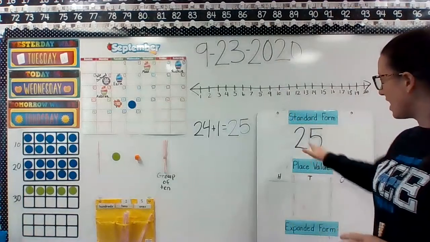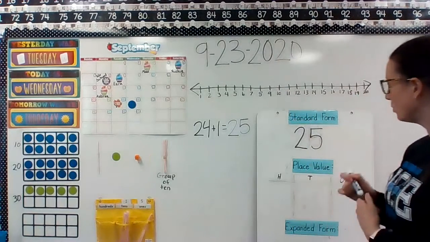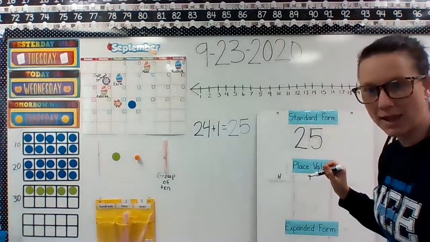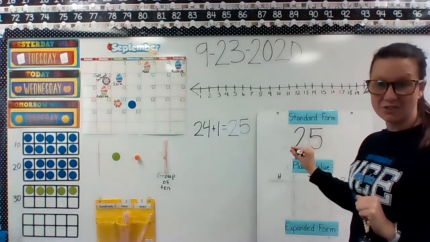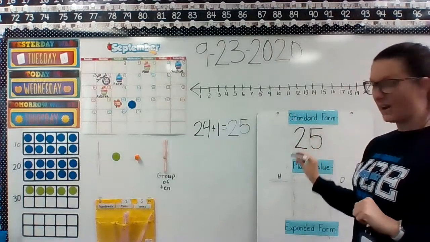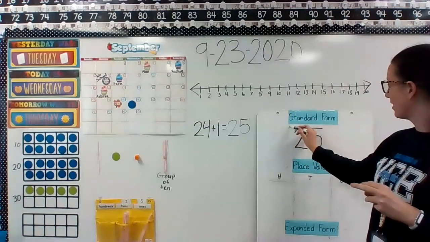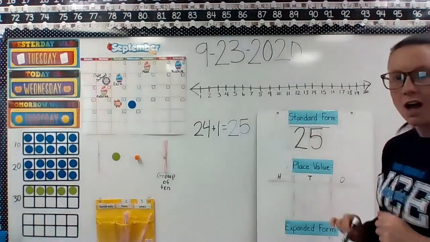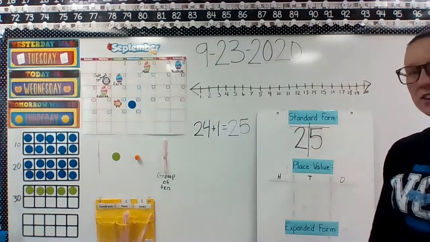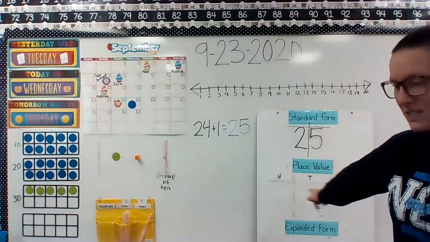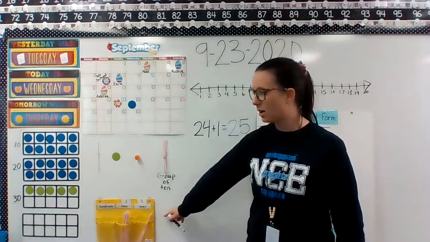Okay, guys, the number 25, we know, you know what, let's do our trick, okay, where we draw the place value chart on the standard form, okay? So the number is 25, but let's break it up. Ooh. That looks just like a place value chart. It looks just like the place value chart here.